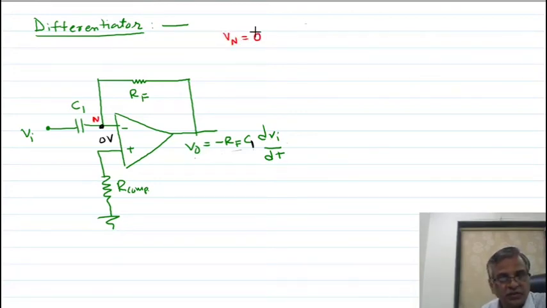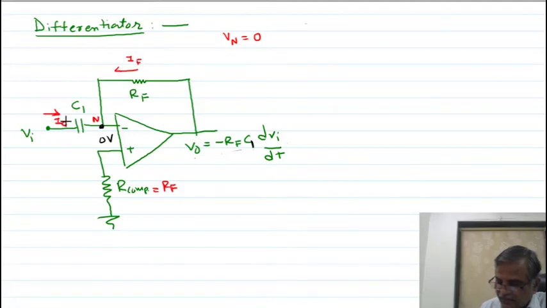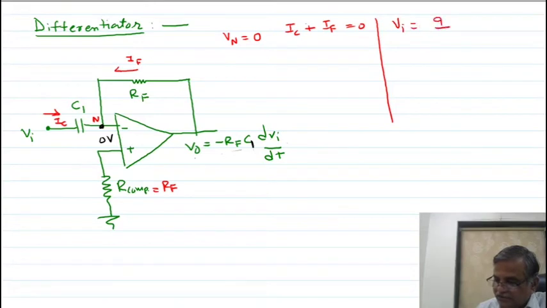So at this node I can write IC plus IF is 0. You know Vi is nothing but Q by C, so Q is equal to C Vi. So dQ by dt is nothing but C dVi by dt.